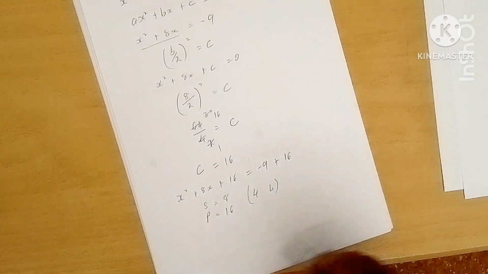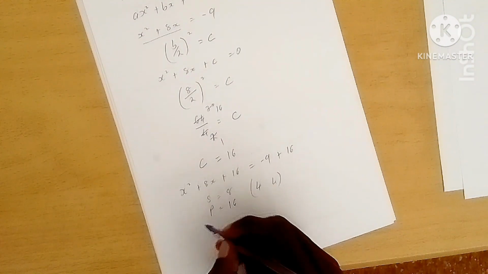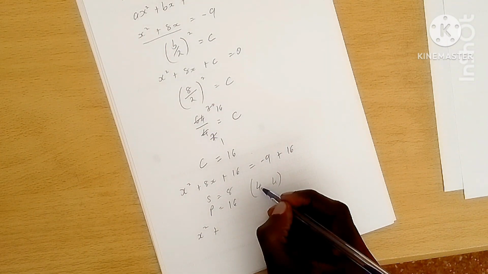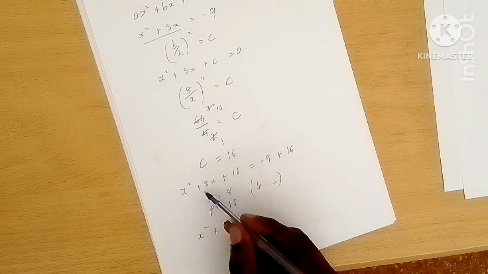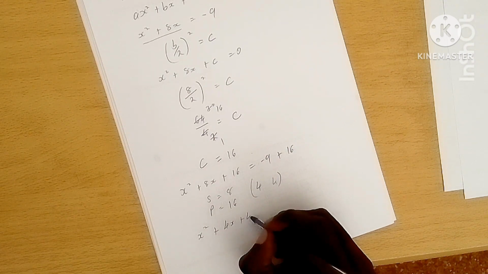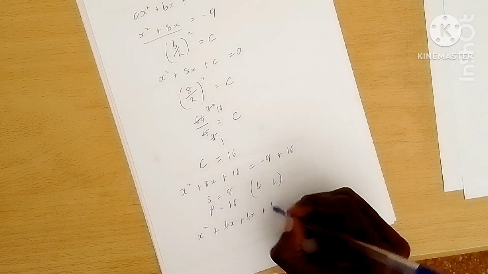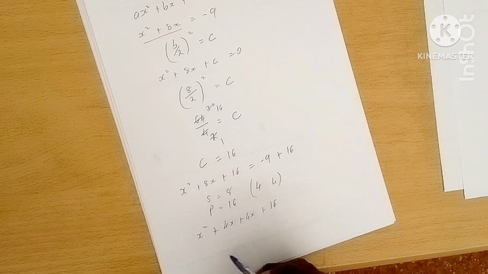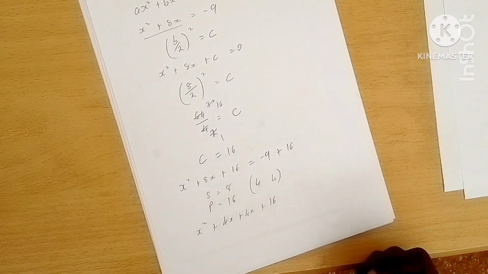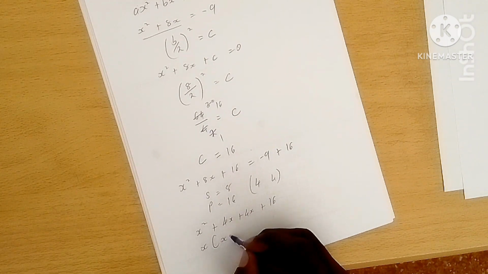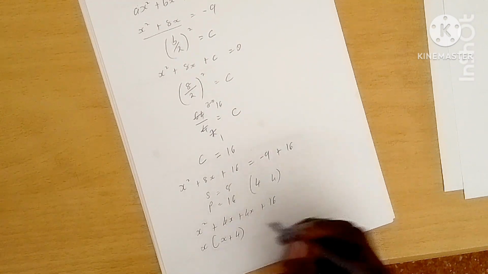So in that particular case, we're going to have x squared plus, let's replace this first because this is our sum, when you add the two we get 8. So let me start with 4x plus 4x, then plus 16. Then I want us to collect the like terms such that in this first part, let us factor out x, so that we're going to have x into x plus 4.